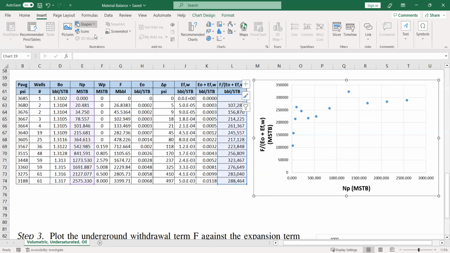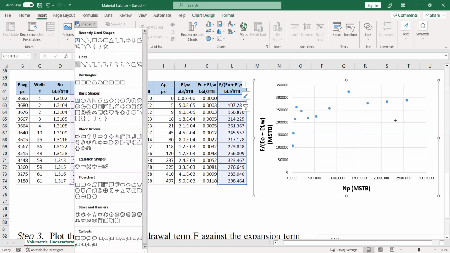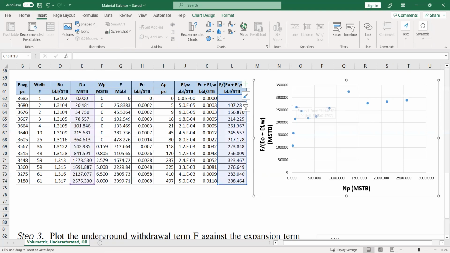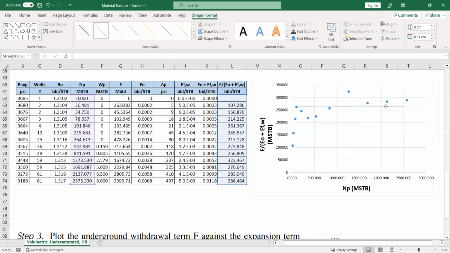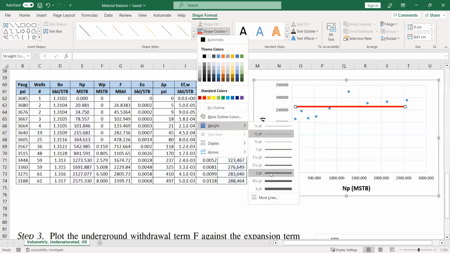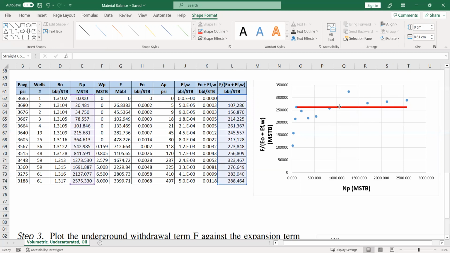And what I mean by that is I will draw a line and make it something like this. I'm talking about a horizontal line. And then maybe we can make it bolder, something like this. All right. And because it's still early production, let's say we can neglect that.